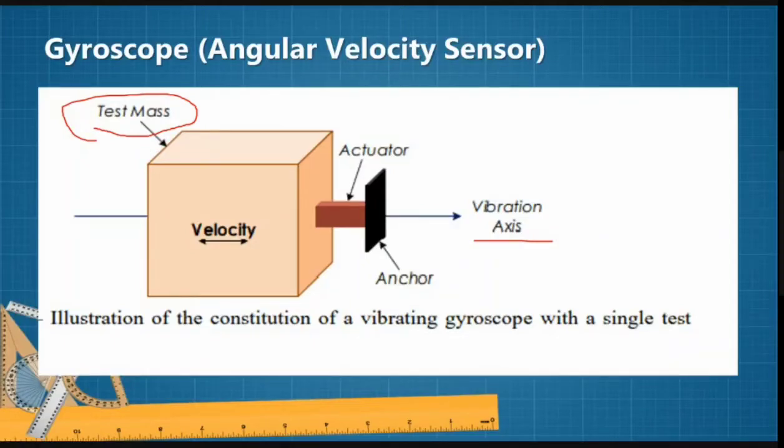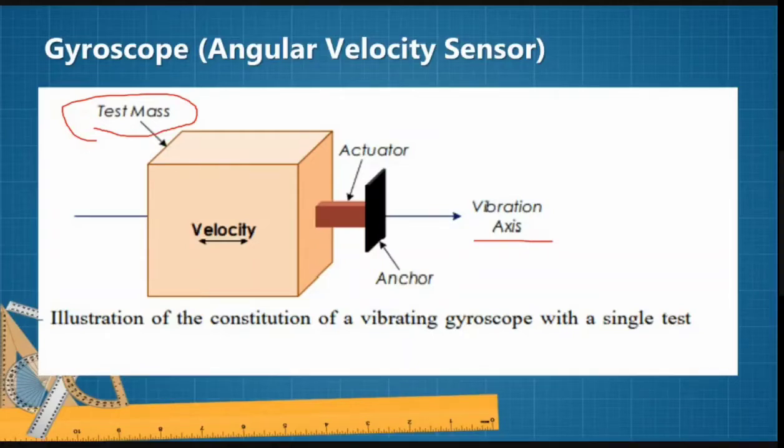There are two types of gyroscope: rotary, which is based on conservation of angular momentum, and vibration, which is based on conservation of linear momentum.